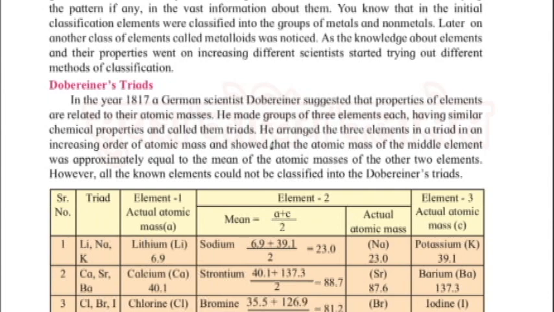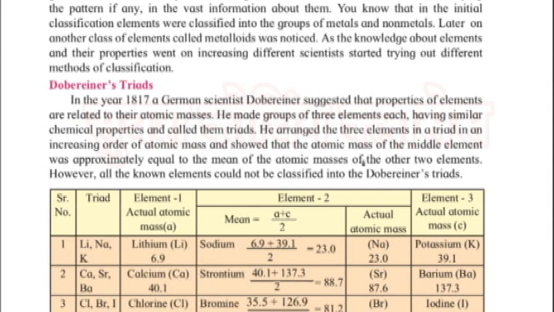Okay, see again what he does. He made a group of three elements having similar chemical properties, and he called them a triad. He arranged the three elements in a triad in increasing order of atomic masses. उसने कैसे अरेंज किया वो एलिमेंट्स को? According to increasing order of their atomic masses.